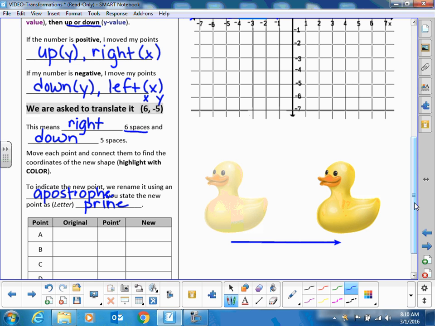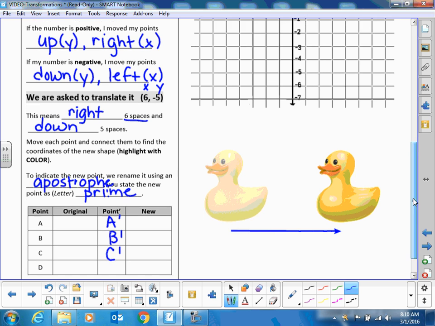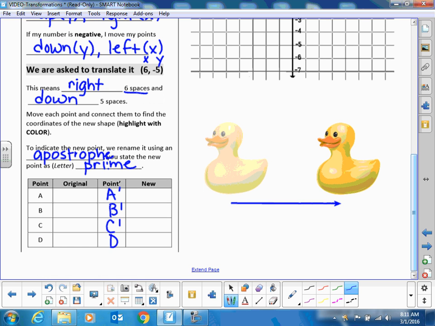Sorry, that's supposed to be an M. So A prime is the new point for A. So we're going to have A prime, B prime, C prime, and D prime.